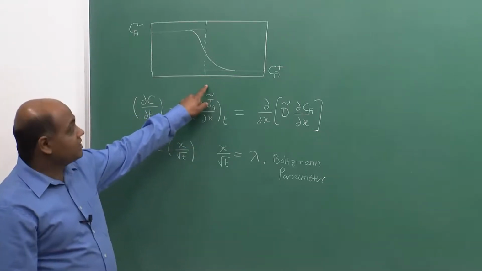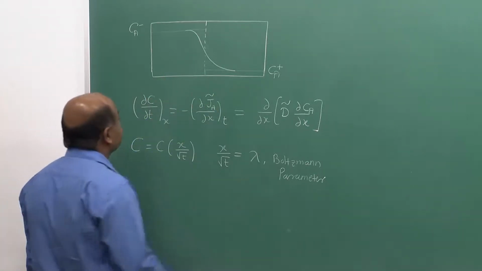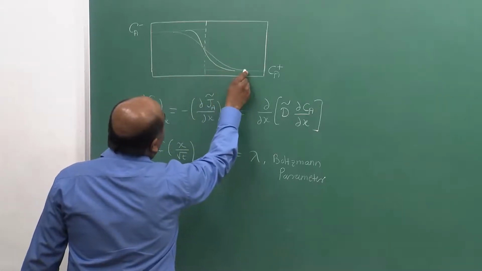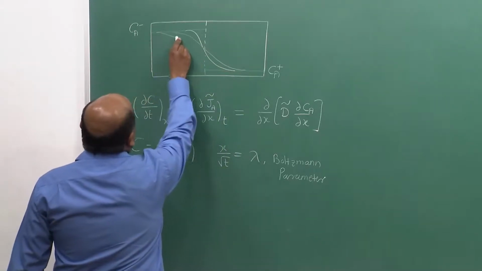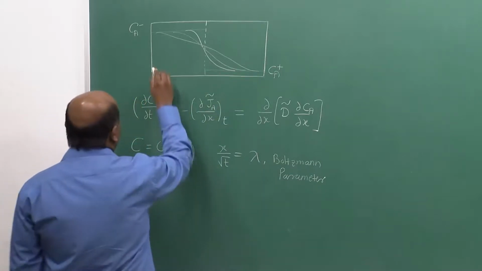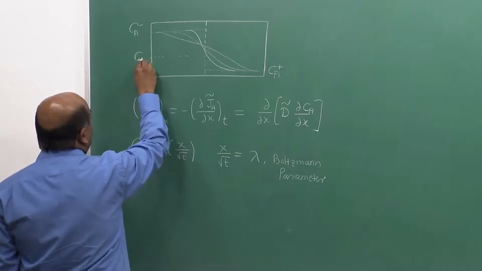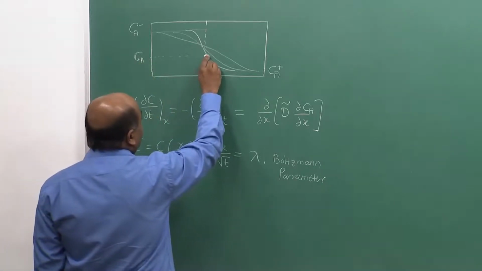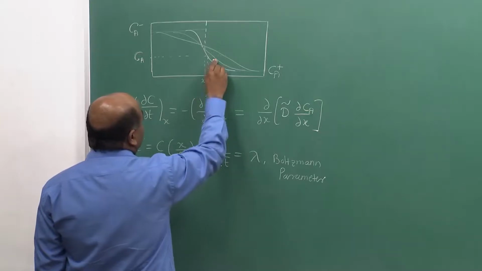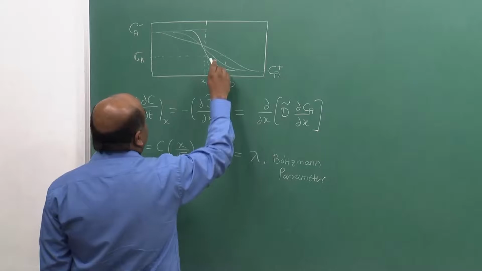What does that mean? So, if we anneal the same diffusion couple at the same temperature, let us say for 3 different times, we will get different composition profiles like this, and if we track any particular composition plane, let us say C A here, if we track its position at 3 different times in the diffusion zone, let us call those as x1, x2 and x3.